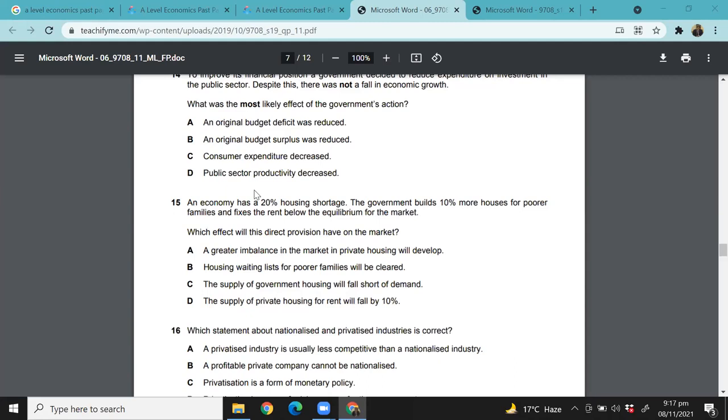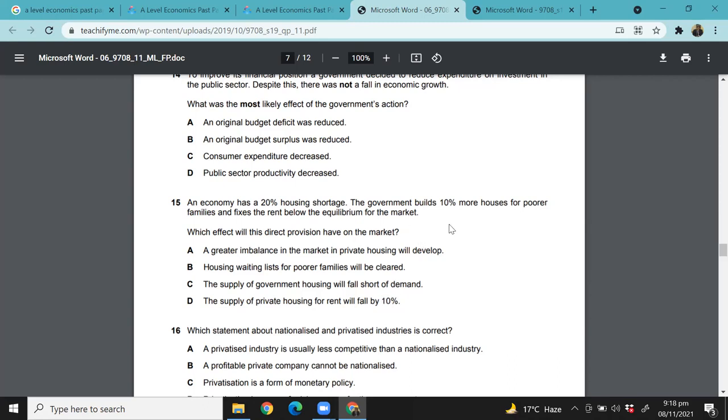Just a second, Arbab, I'll answer your question. The supply of private housing for rent will fall by 10%, right? Abdurrahim, D is not making much sense. Whatever the private homes have supplied, they have supplied. Even if that falls, how do they know it will fall by exactly 10%?